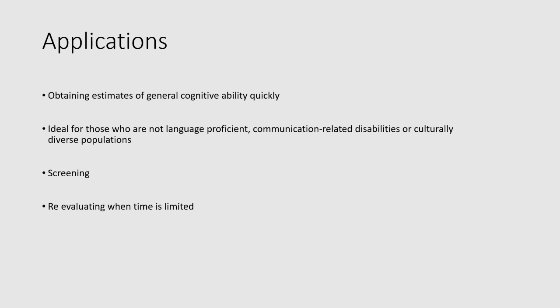The application of the Ravens 2 should be based on the testing purpose, the examiner's professional judgment, and the guidelines set forth in the Code of Practice for Psychological Testing from the BPS, the British Psychological Society, and the International Test Commission guidelines on test use.